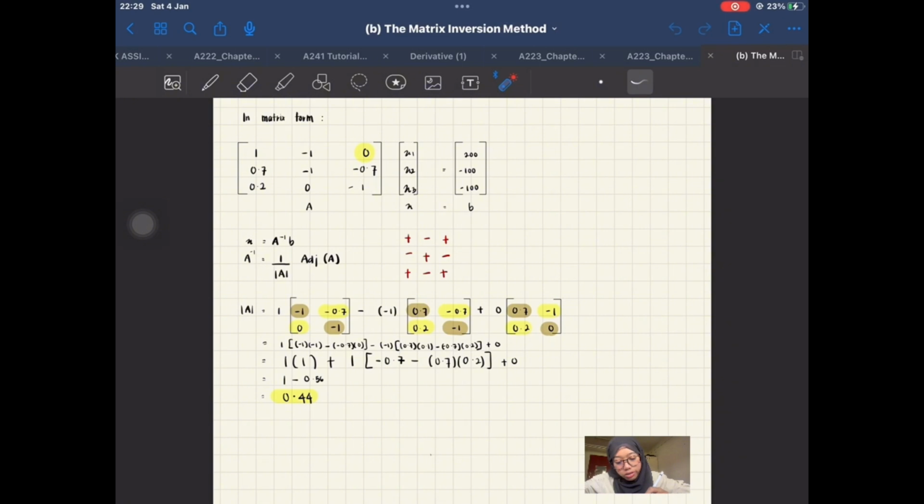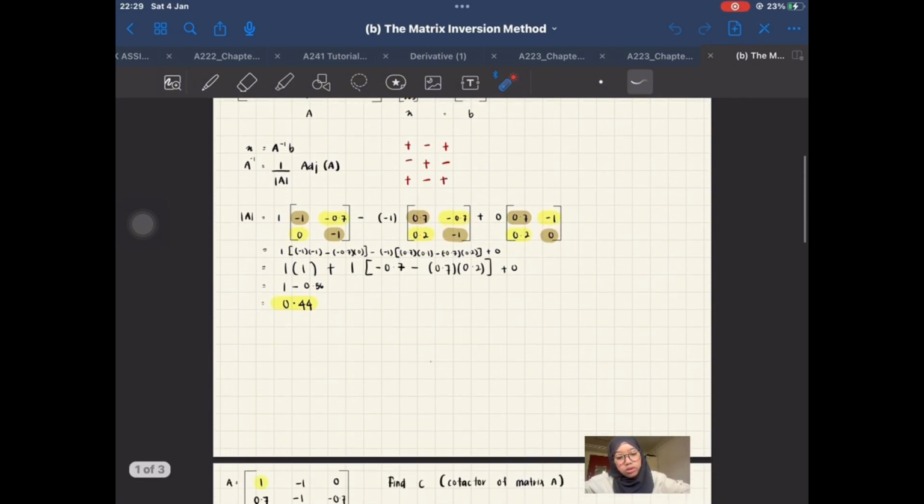Okay, so the first element of the first row is 1 and the corresponding sign for this element is positive. Since 1 is in the first column and first row, we cover the first column and the first row and then copy the elements that are not covered in the form of a determinant for the 2 by 2 matrix. Then we use the same step for the next element.